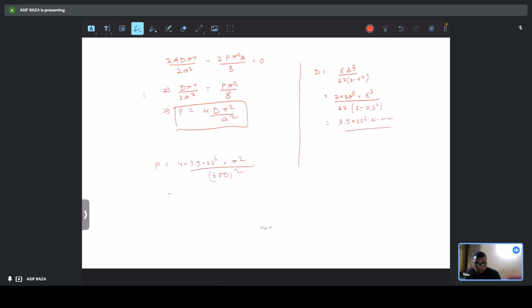This will give me, so let's check it. This is equal to 4 into 3.9 into, so this is equal to 433.33 into 10 to the power, sorry, I have not multiplied with pi.